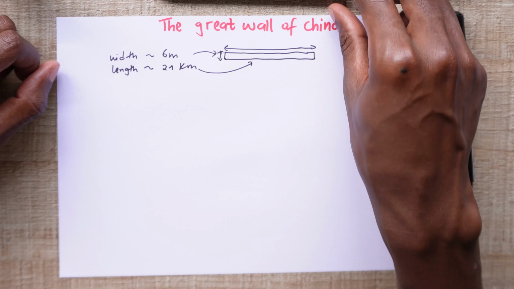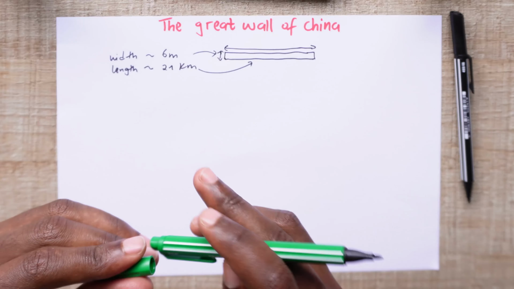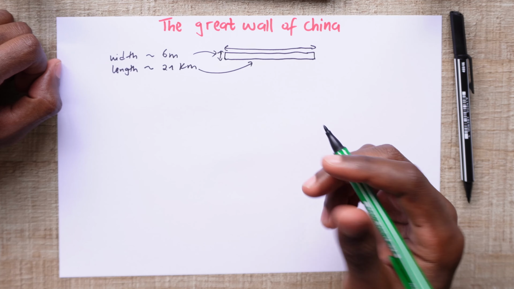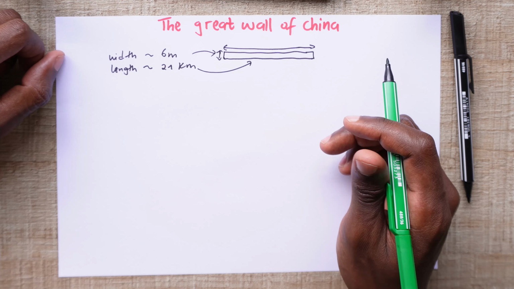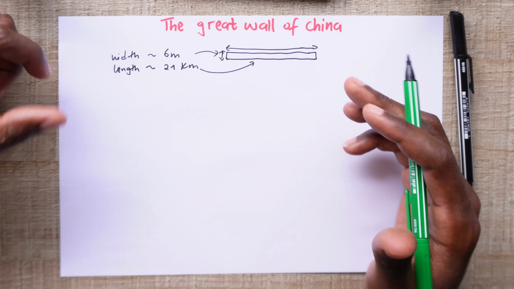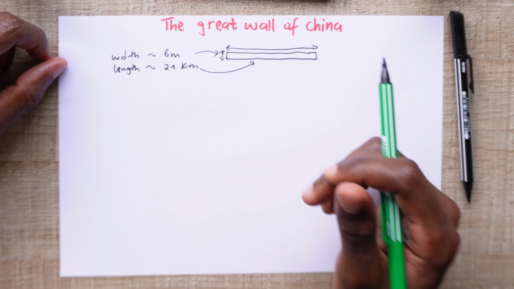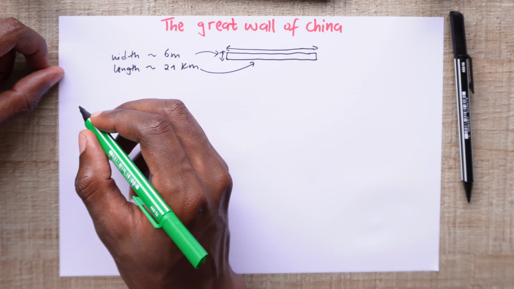Okay, the first thing to be taken into account here is what the human eye can see, okay? Because if you stand on the moon, what can you see? The eye is like an optical device, okay? It has a resolution. It can't just see anything. So we need to first take into account what the human eye can see.